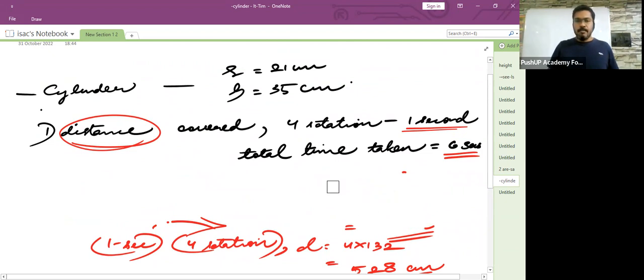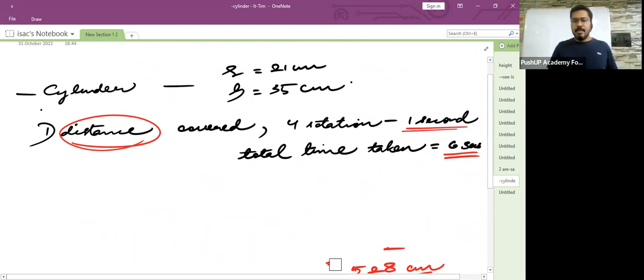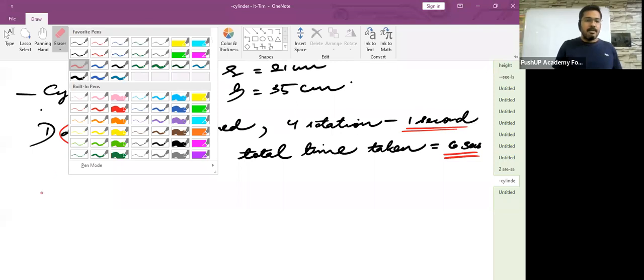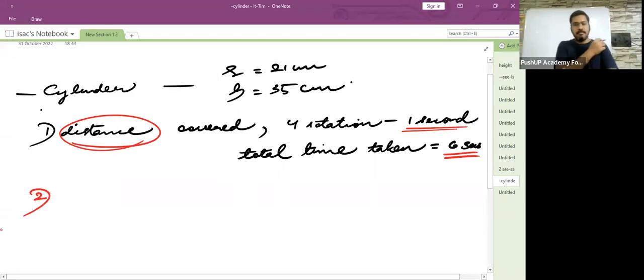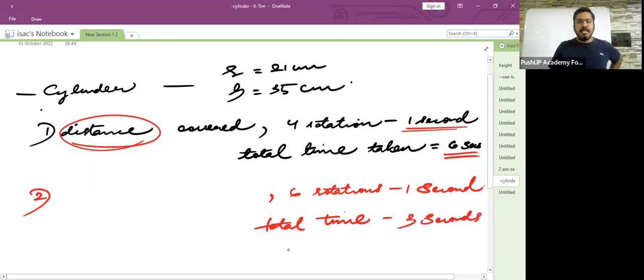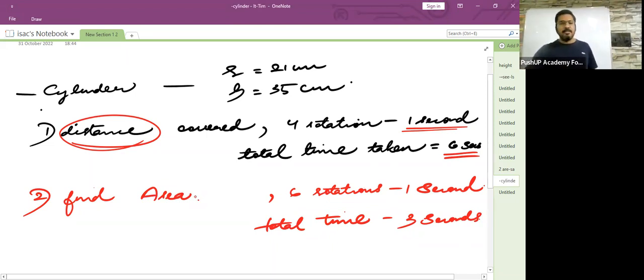The question is, if this cylinder takes 6 rotations in 1 second, and the total time it rotated is 3 seconds, then find the area covered by this cylinder. The area covered by the cylinder.